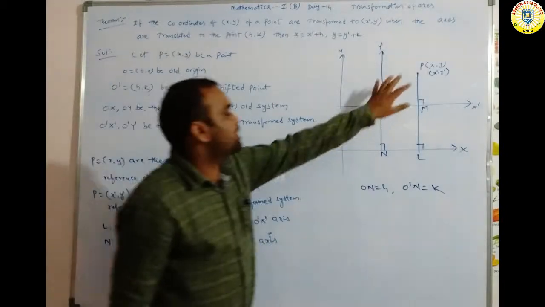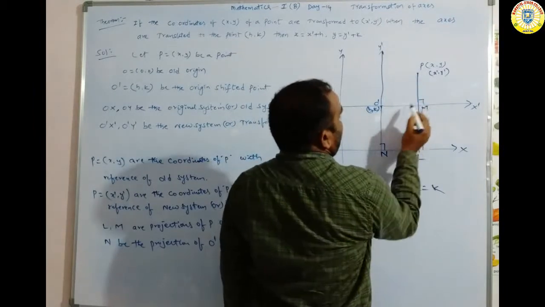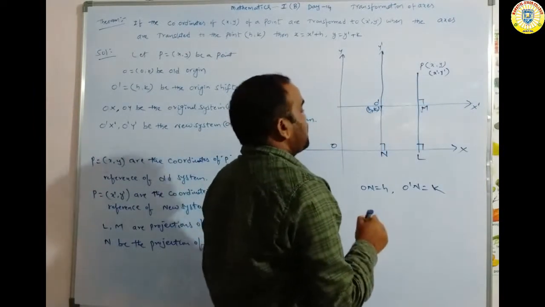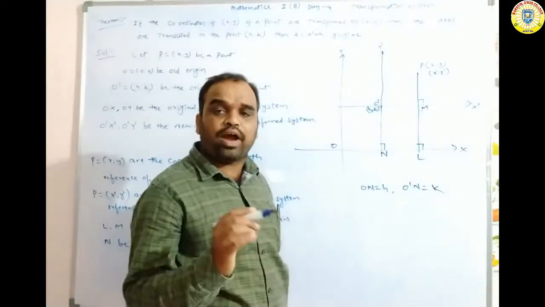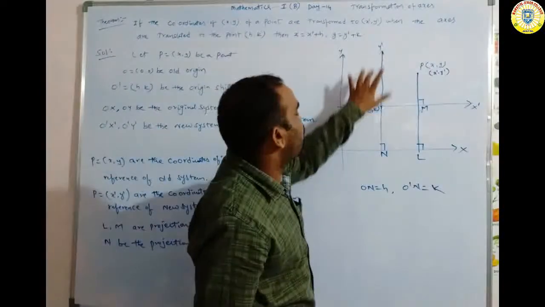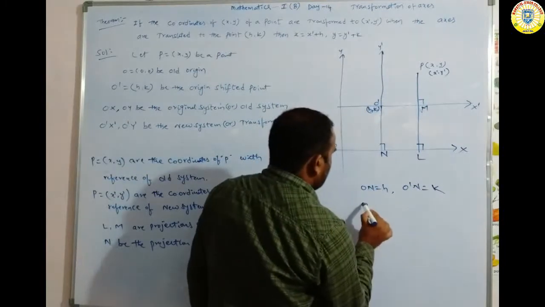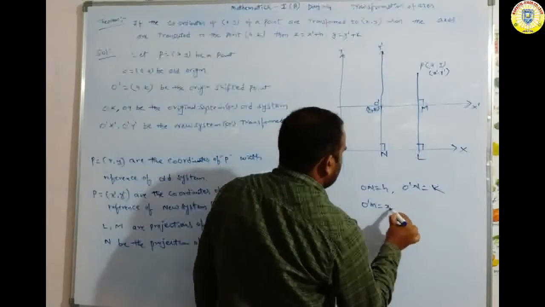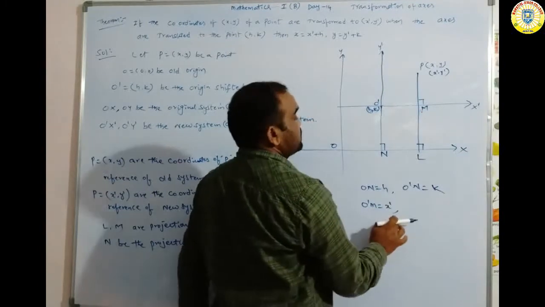Now the new x coordinate denotes the perpendicular distance from the point P to which axis? The new y axis, O dash Y dash. So O dash M is equal to x dash.